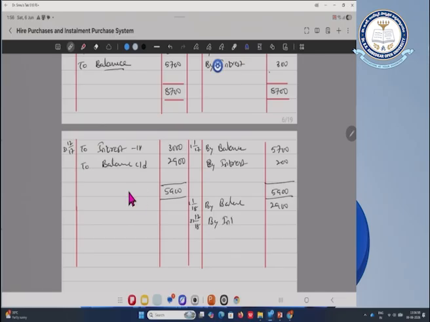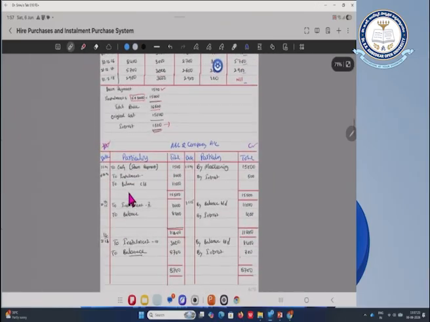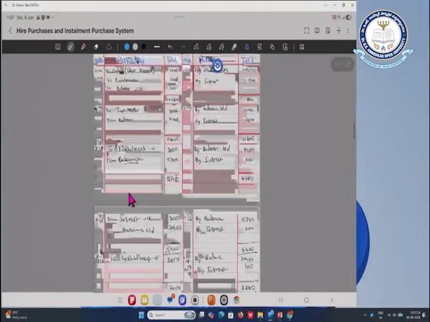Interest is 100 rupees. So, at the end of the day how much? 3000 rupees. Here final installment, the fifth one, that is 3000.